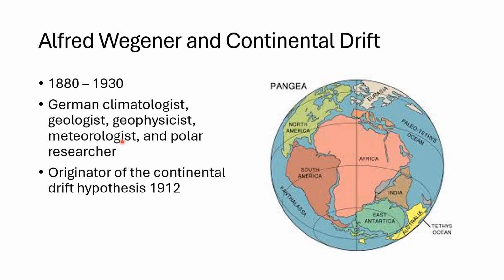He didn't have any formal geology education, which you'll see plays a role later, but he is given credit. He's the originator of the continental drift hypothesis, which was published in 1912.